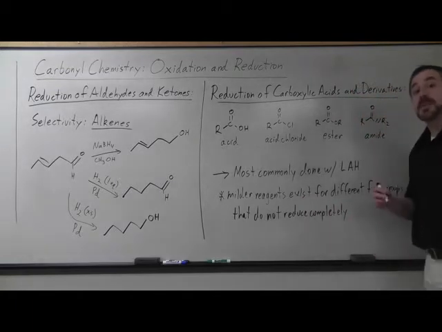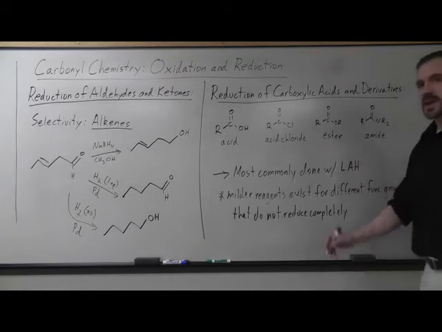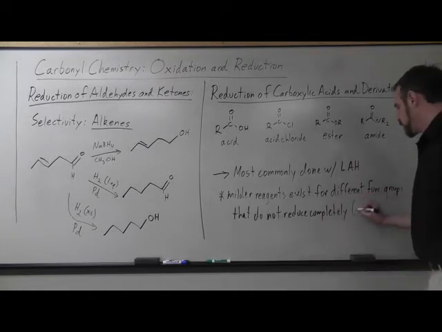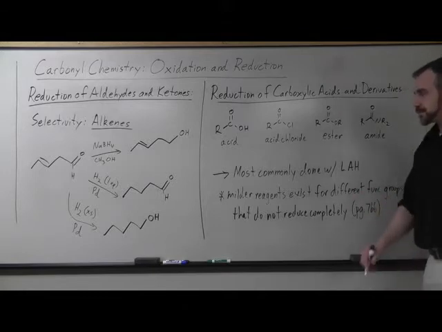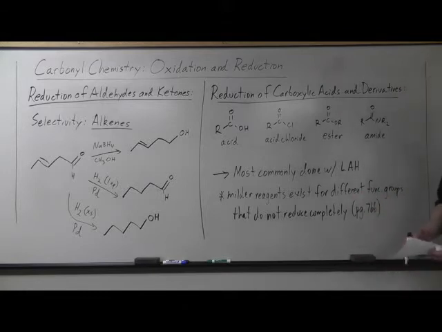So for example, they'll stop at an aldehyde instead of reducing all the way down to an alcohol. And I won't go over them now, but they can be found on a page in your textbook.